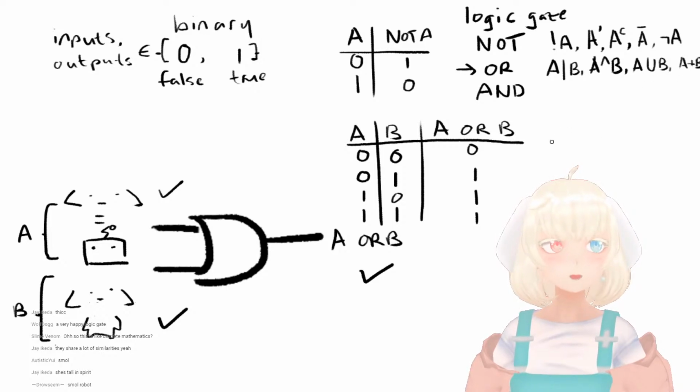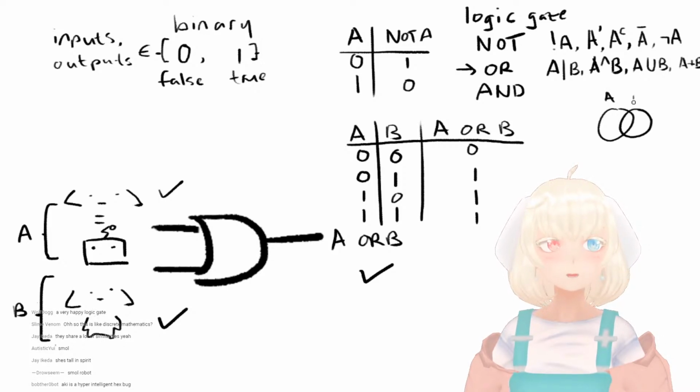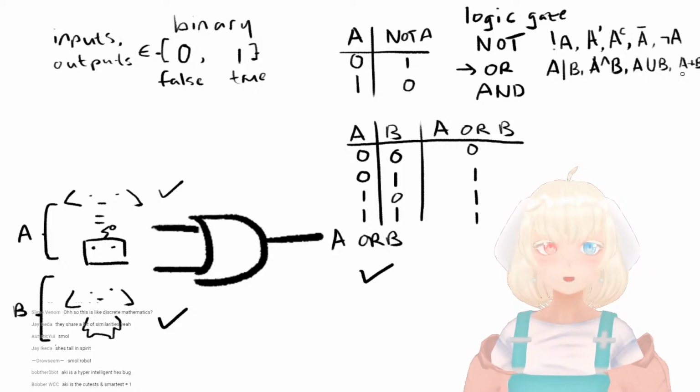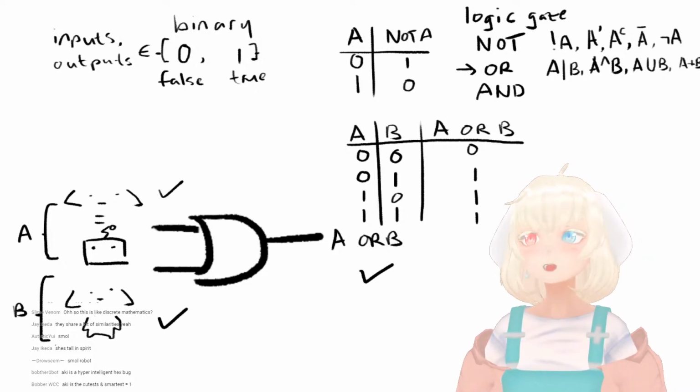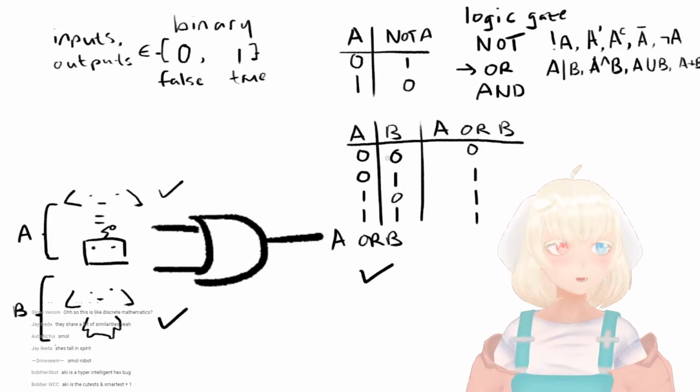So union, if you think about it, is like in the set of A and B, anything in A or B is true. And why do we have A plus B in here? Well, if we look at the truth table, it sort of resembles addition a lot, doesn't it? 0 plus 0 equals 0. 0 plus 1 equals 1. 1 plus 0 equals 1.